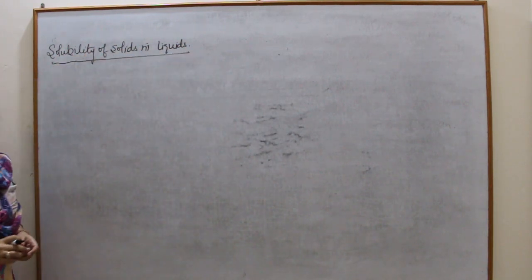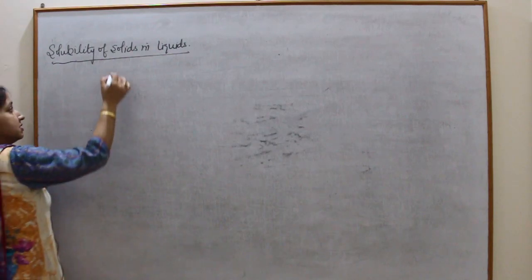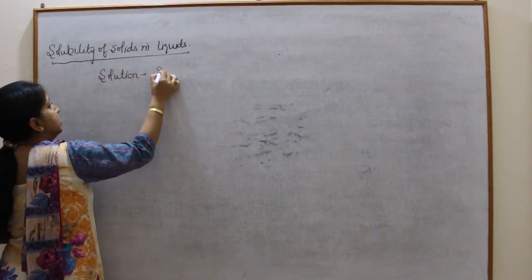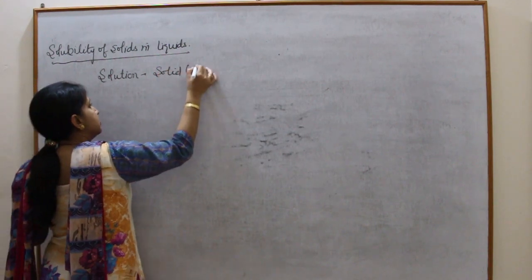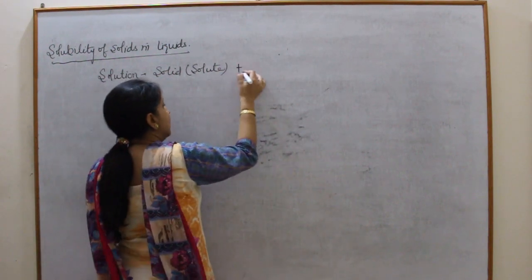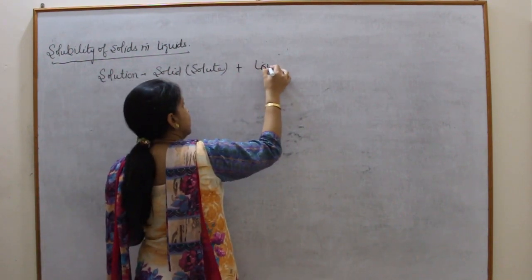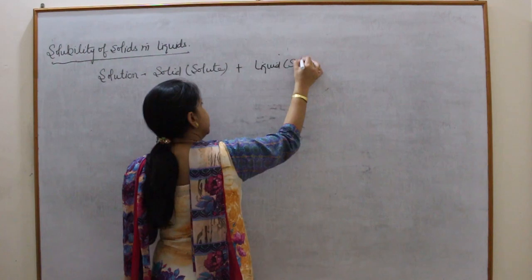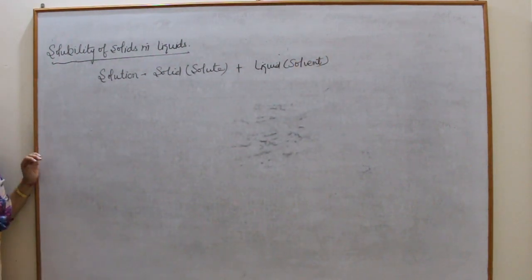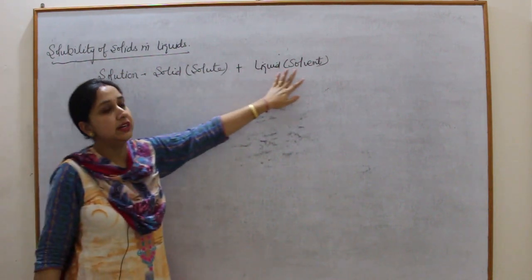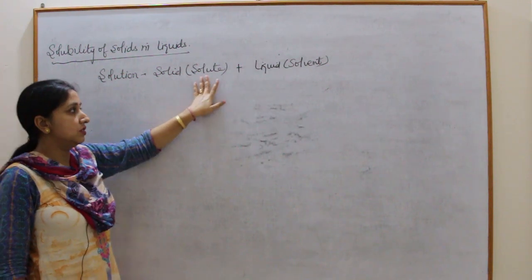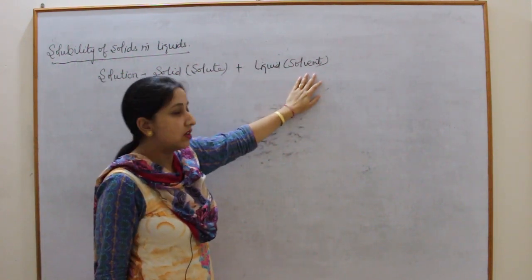So solubility of solids in liquids means we have solution in which solute particle is solid and liquid is your solvent. Because for forming a solution we require two things, solute and solvent. So solid in liquid means solid acts as a solute and liquid acts as a solvent.